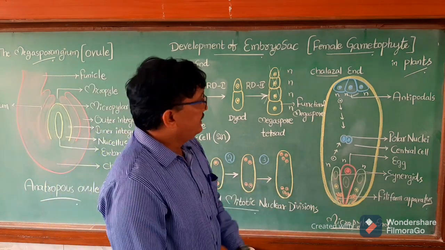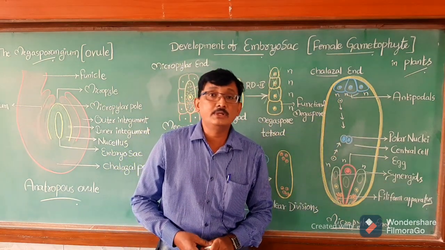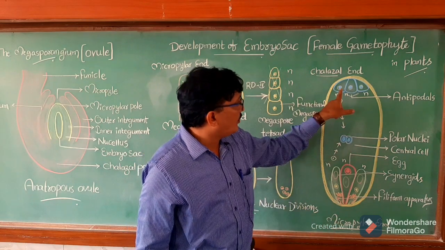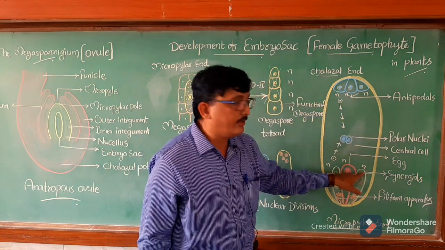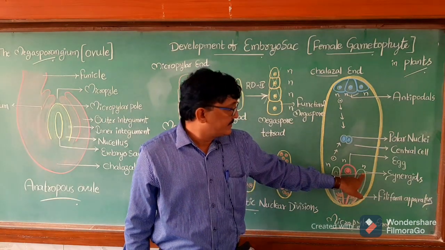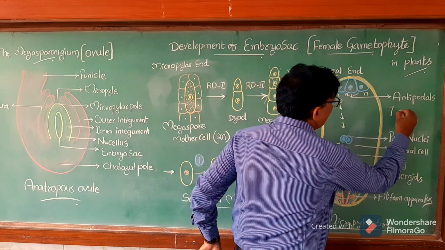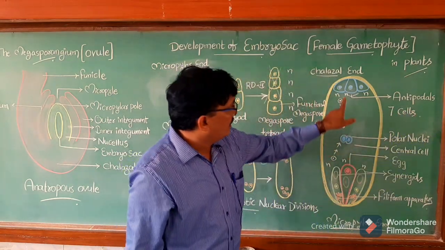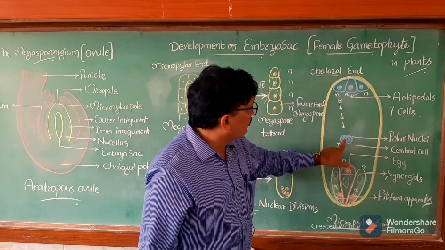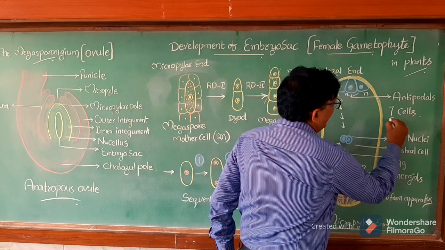In this embryo sac, how many cells and how many nuclei are there? Counting 1, 2, 3, 4, 5, 6, 7, there are 7 cells in total. How many nuclei? 1, 2, 3, 4, 5, 6, 7, 8, so 8 nuclei.